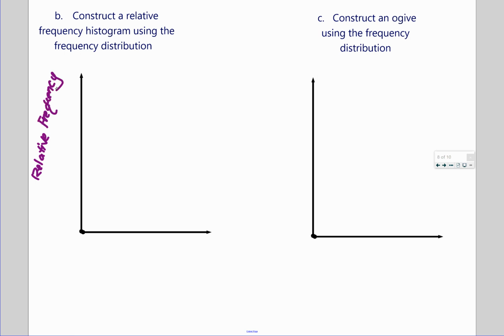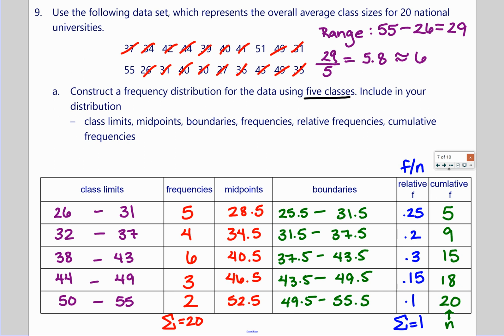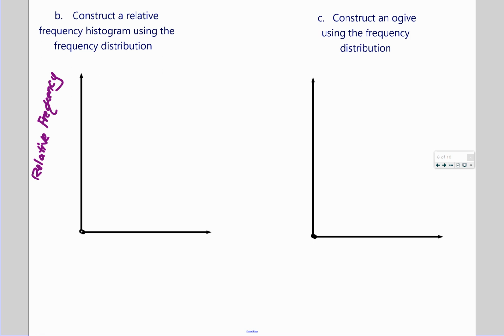Now, relative frequency are the percentages that we have. The percentages that we had in this chart went all the way from 0.1 to 0.3 was my highest. So if I start counting at 0, 0.1, 0.2, 0.3, that'll do it.